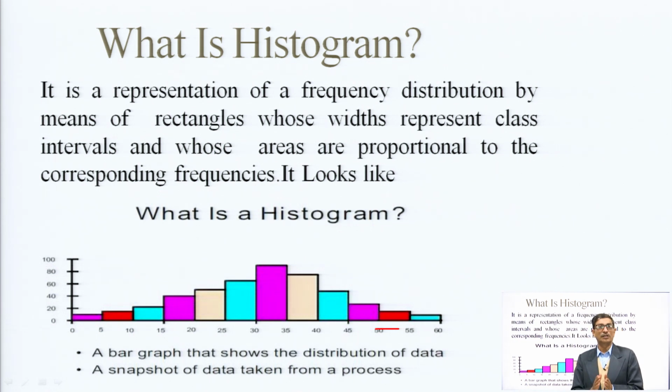In a histogram the height or length and breadth or width of the rectangle are important for us, the data can be represented by the area of the rectangle, and all the rectangles are adjacent to each other.